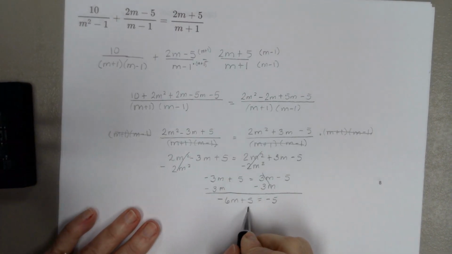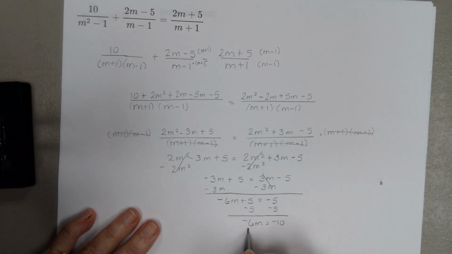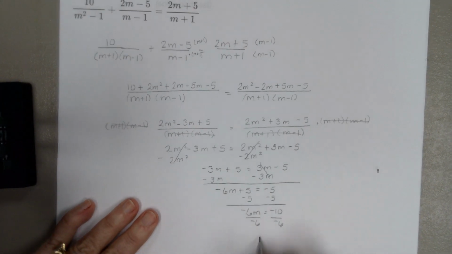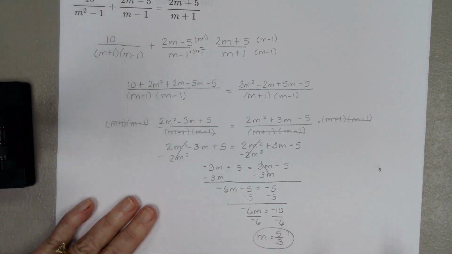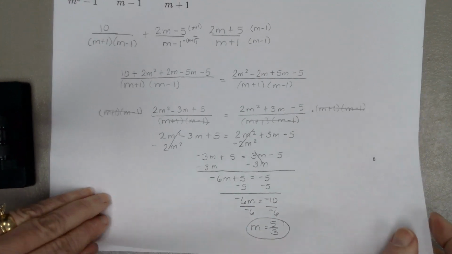So I'm going to subtract a 5 from both sides. So I have a negative 6m is equal to a negative 10. And then I'm going to divide by a negative 6. And I'm going to get m is equal to, reduced down, 5 over 3. Okay? And that's what I would plug back in to make sure that it would work.